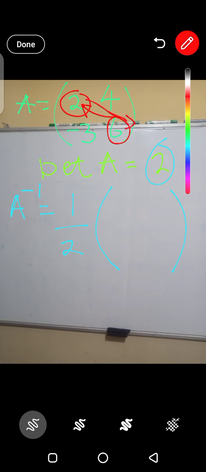Okay, they switch positions. That's what happens. So these numbers, they switch positions. So 6 goes where 2 is supposed to be, and then 2 goes where 6 was, like this. I think you have understood.